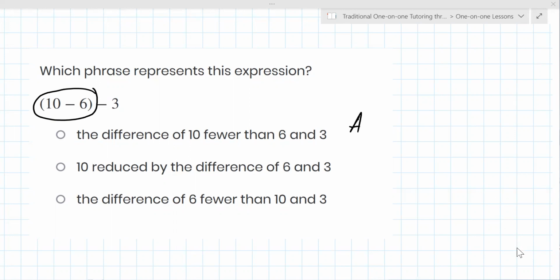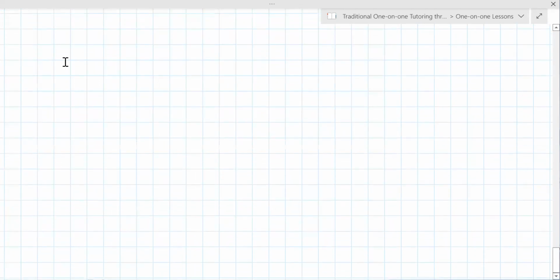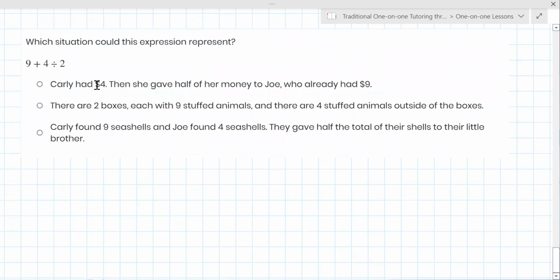All right, last one on this grouping of questions. It says, which situation could this expression represent? Let's focus on the second part first, because you do division first. That's where you first cut something in half or divide by 2. So which of these says that you cut something in half, meaning the $4?